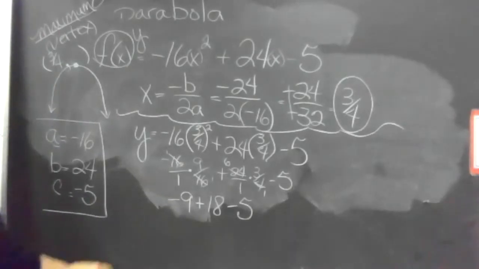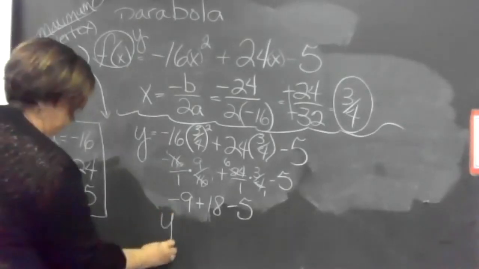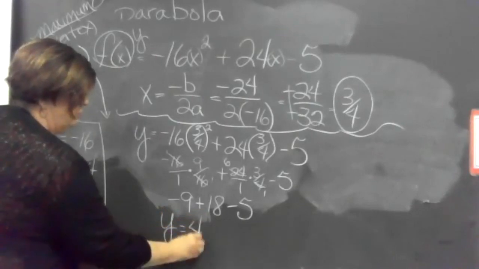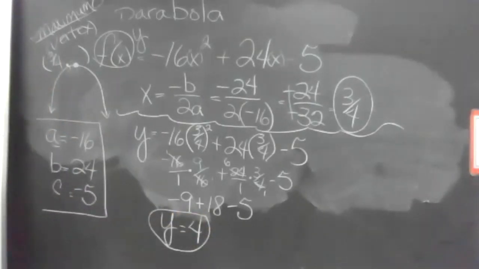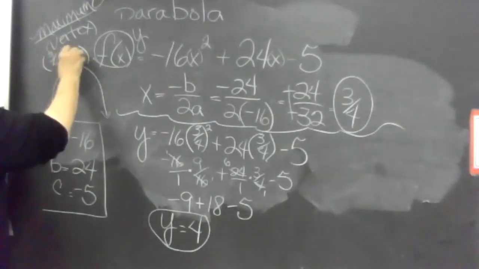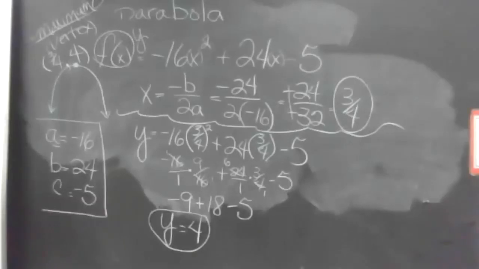So my y is going to equal 4. Is that correct? Negative 9 plus 18 is positive 9, minus 5 is 4. And we'll check it because I have a paper. Aha. Okay, on your homework paper, this is correct.